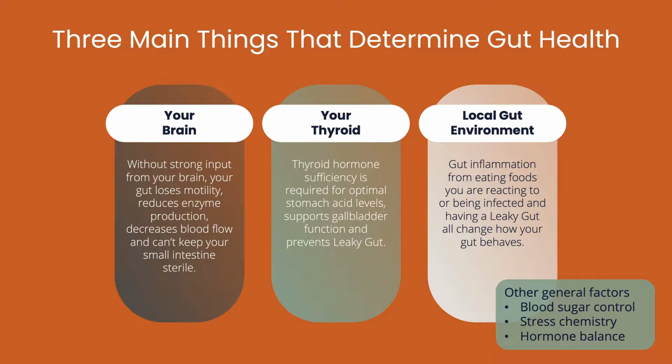If I'm working with someone on a one-on-one basis, and we've looked at the brain, we've looked at the thyroid, and maybe those things are okay, but they're pre-diabetic, if I don't fix that, I'm not going to fix their gut. Specifically, I'm not going to fix their leaky gut, because that's a huge influence over it. And we might say the same thing about stress chemistry.